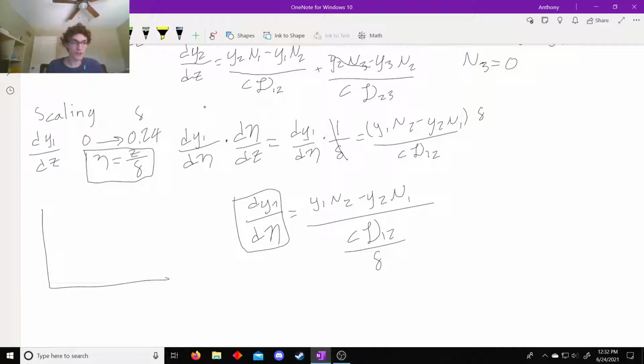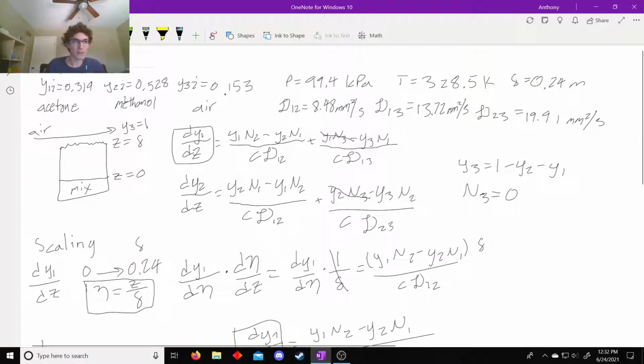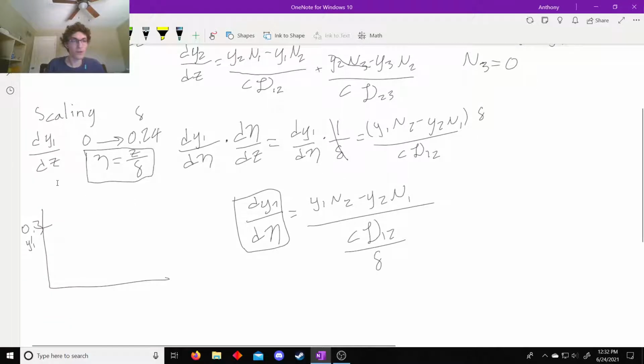So I'm going to draw this out as a graph. And let me make sure that's right. Yeah, so our mole fraction of acetone starts at 0.3, and eta goes from 0 to 1. And we know there's a point there because it starts at 0.3.